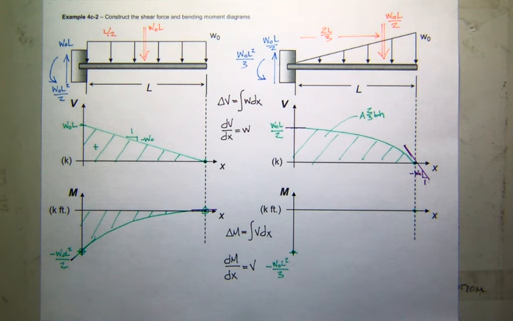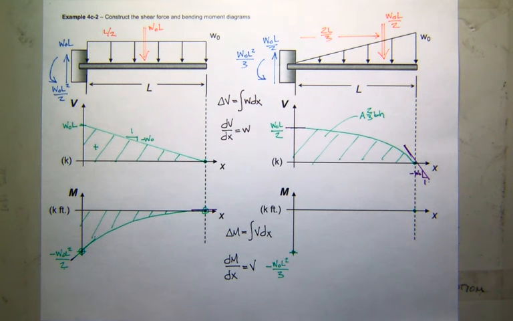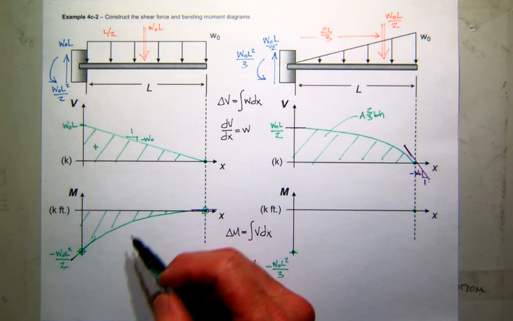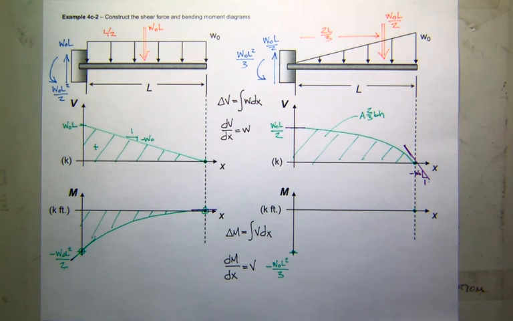Yes? So in the moment diagram on the left-hand figure, is that a spandrel? This? Yeah. It is. But we don't care about the area under a moment diagram yet. I'm seeing the future again.